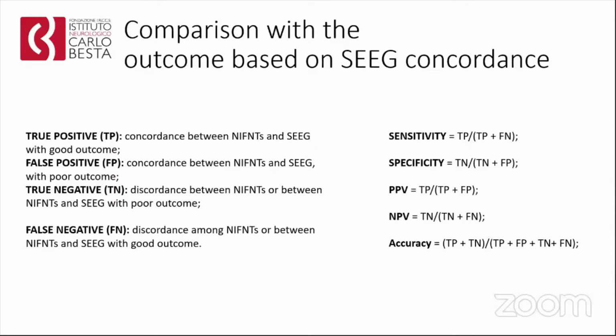The false positive is when we had good concordance but a poor outcome. The true negative is the discordance between the non-invasive techniques and a poor outcome. And finally, the false negative is the discordance between the single techniques and the resection, but with a good outcome.